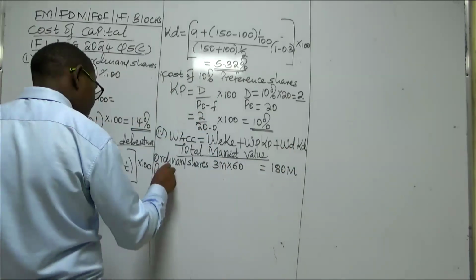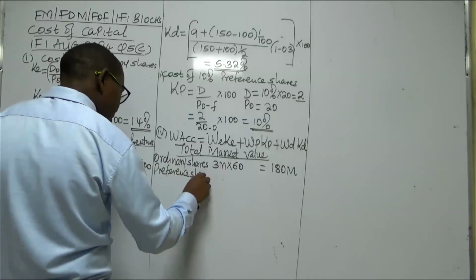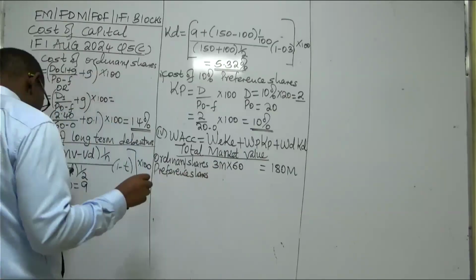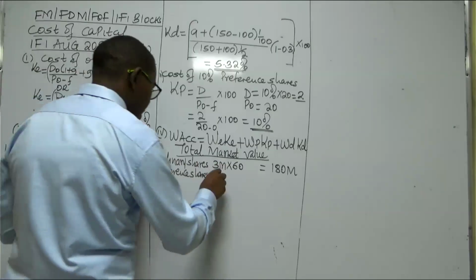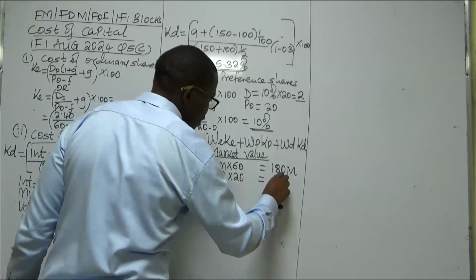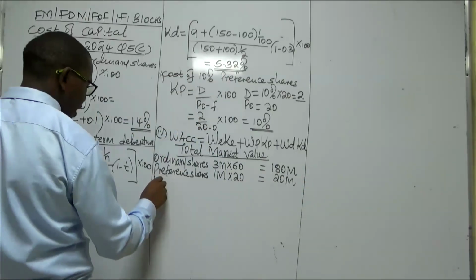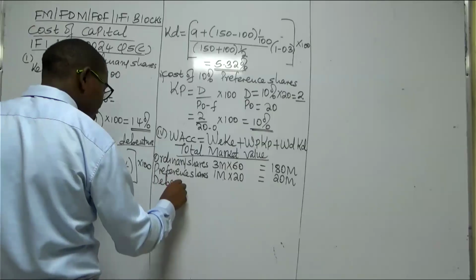You also have the preference shares. The number of shares, they were 1 million. They are trading at par value, so it is still 20. This will be 20 million. And the last one is now for the debentures.